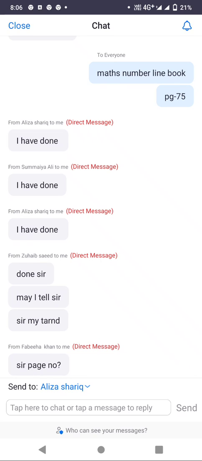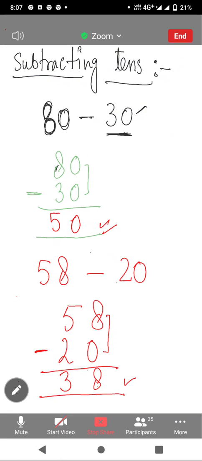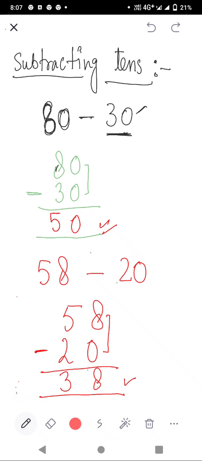Fabiha Khan, page number 77. Now come on exercise 4.2. Question number 1.